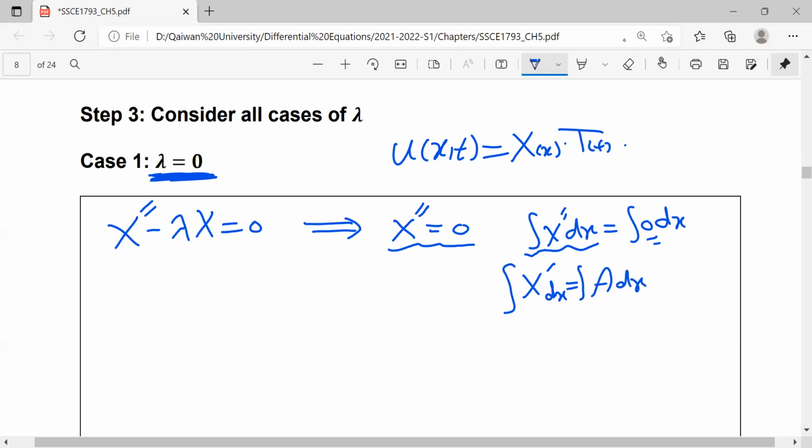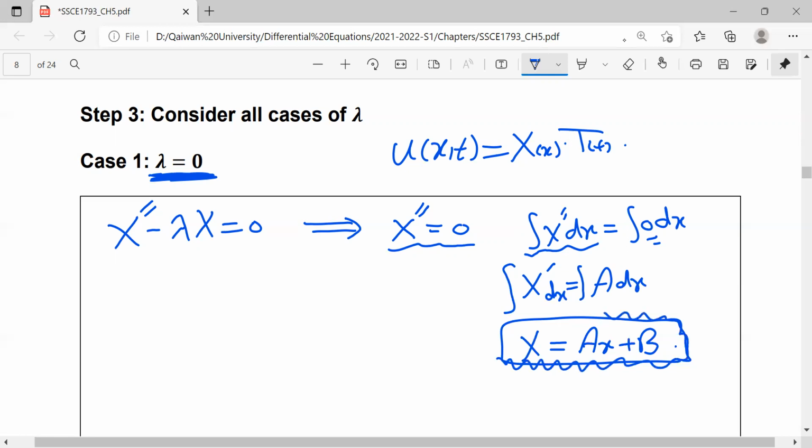The integration of x prime is x, and the integration of a constant is ax plus b, because it is an indefinite integral. We have no lower and upper limits for the integration.